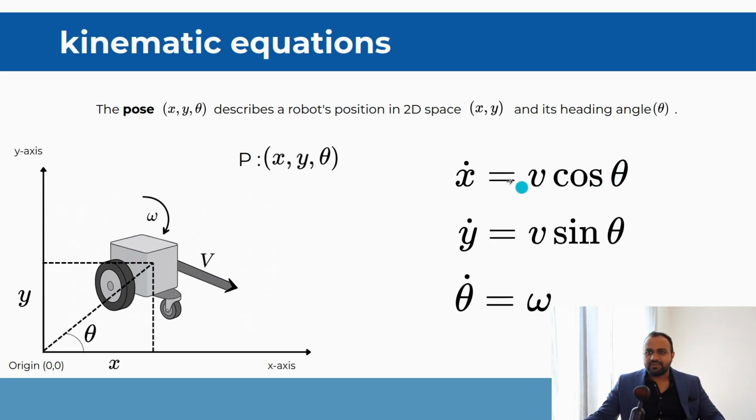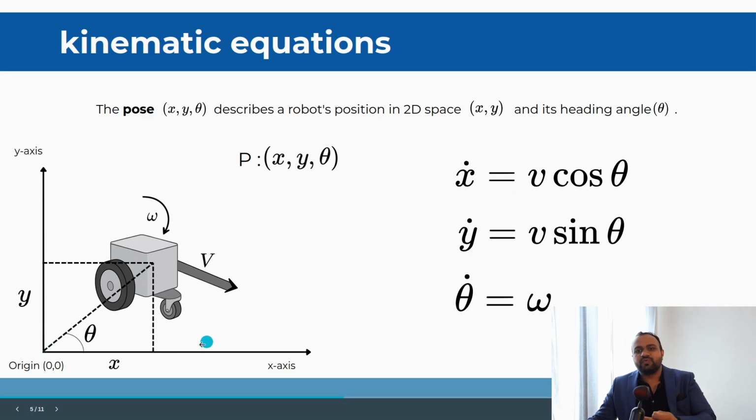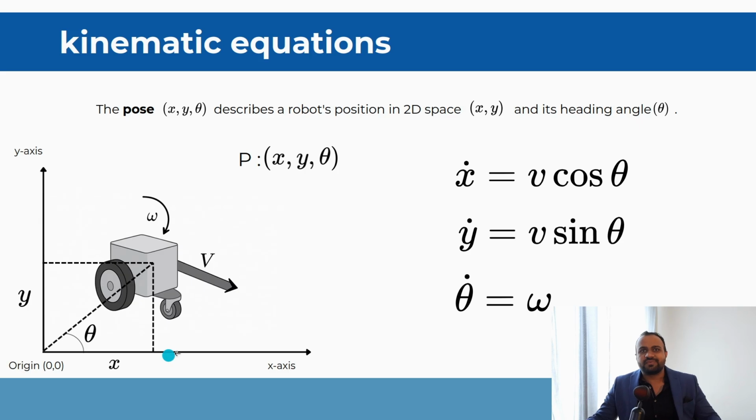Theta is 0, so if you integrate these equations with respect to time for 1 second, you will see x becomes 1. So your robot starting from 0, 0 will reach 1, 0. Because sine theta is 0, y stays 0, and since you are not giving any angular speed, theta stays 0. That's how these equations are very important.